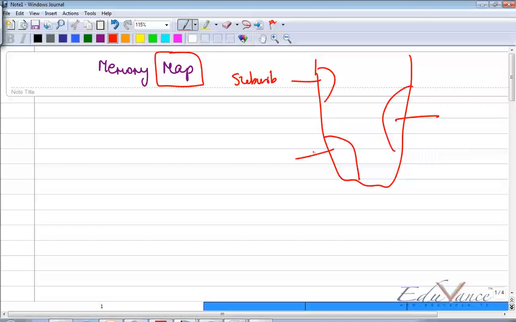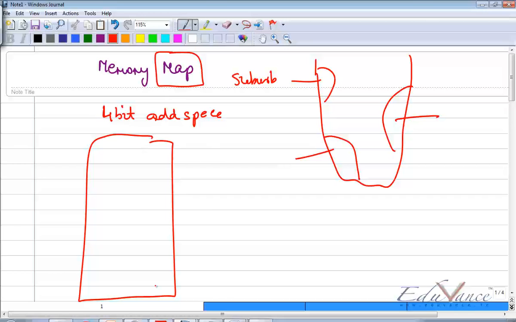Similarly, when we say memory map, let me take the 4-bit address space example. I would have 16 locations from 0000 to 1111.